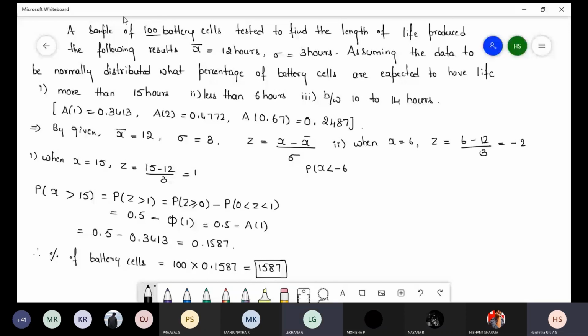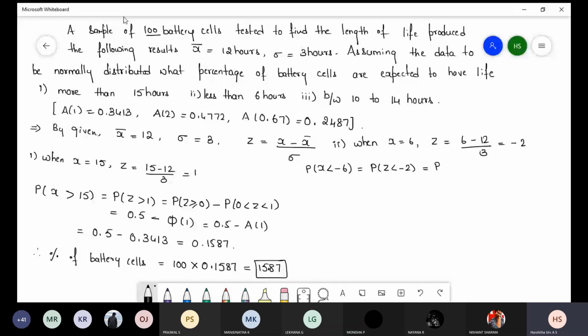By applying the symmetric property, it is 15.87. Next, in the second one, we have to apply the symmetric property.